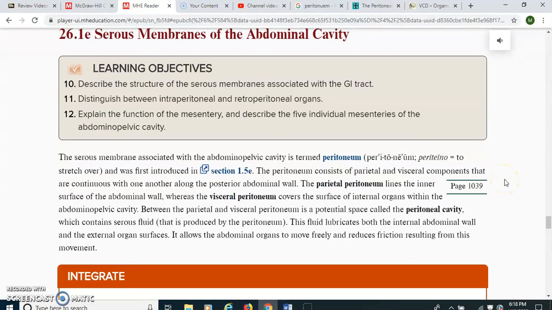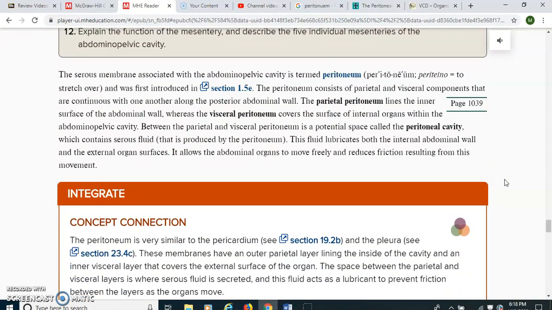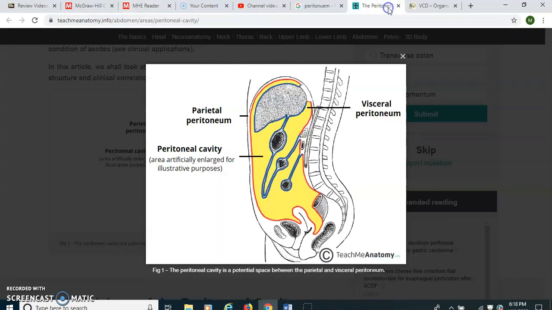Everybody hopefully remembers the peritoneum from lab, and I have the picture pulled up. This is the picture that we used in lab. The peritoneum is that serous membrane that has two layers. We have the parietal peritoneum that's lining the inside of the abdominal cavity, all around, posterior and anterior.